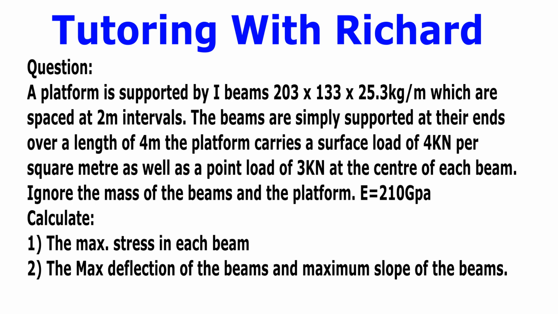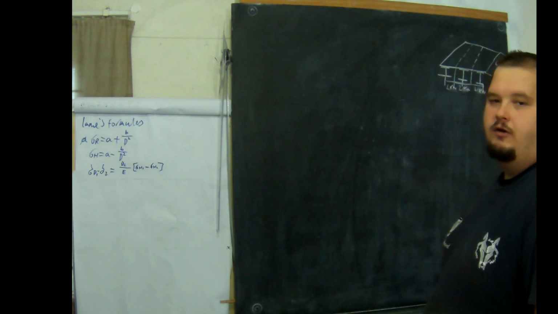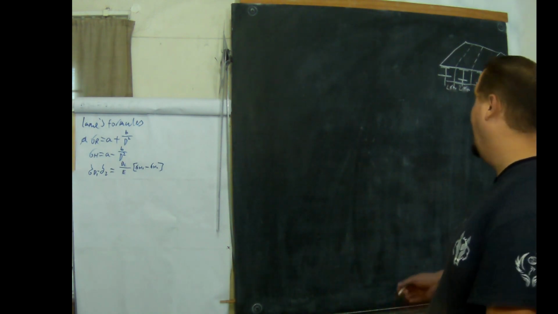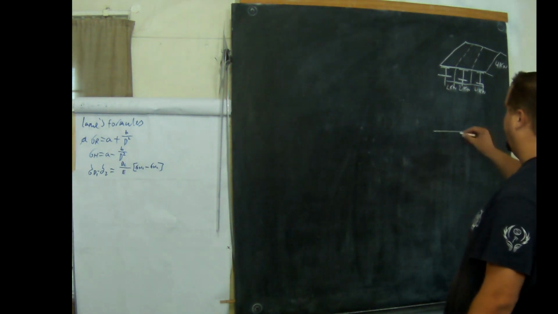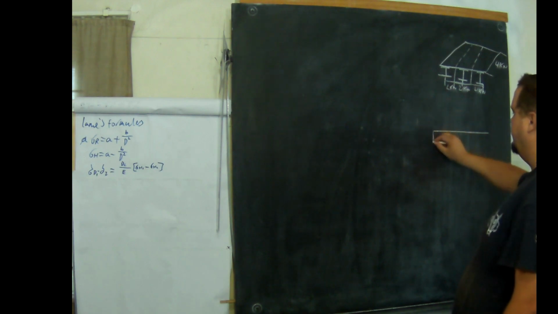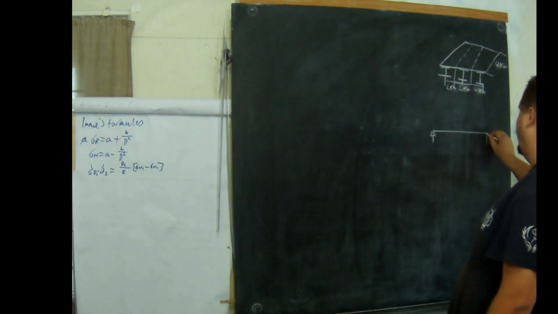So first, the load per square meter is given, and therefore the load per running meter must be calculated. Here's our beam. It's simply supported at either end.